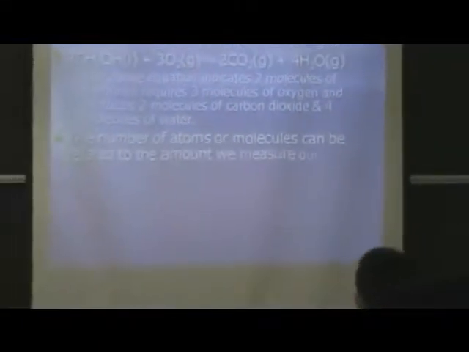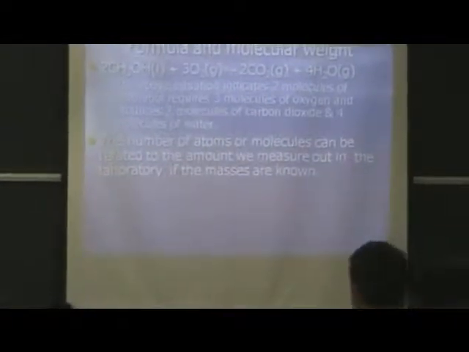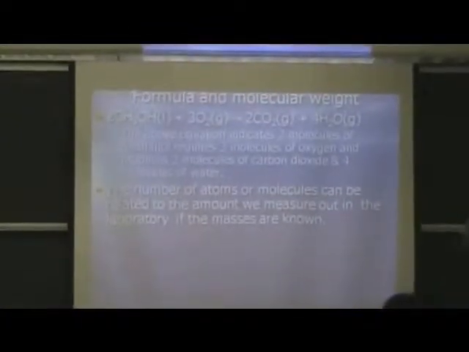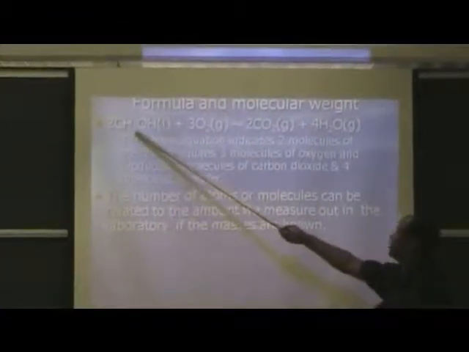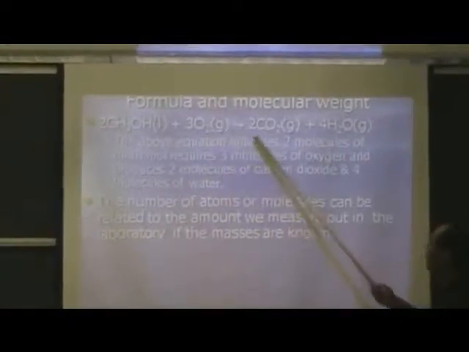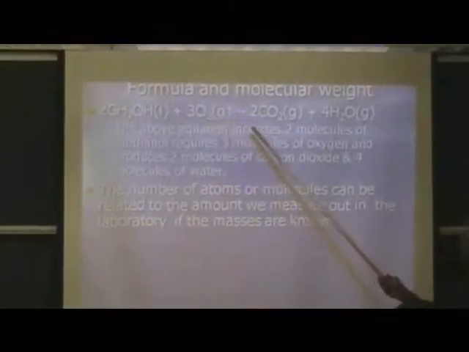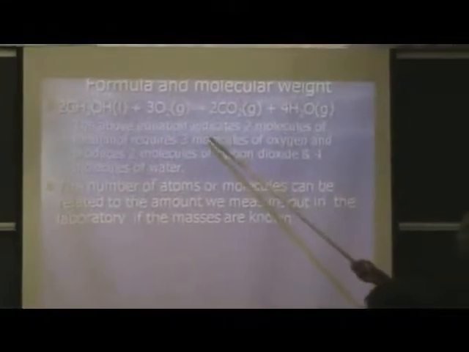So in a reaction also, we can use the concept of molecular weight and formula weight. Now, you have a chemical reaction here. You have CH3OH, methanol, reacting with oxygen, because this is a combustion process. You get carbon dioxide and water. The equation, of course, has to be balanced, right?